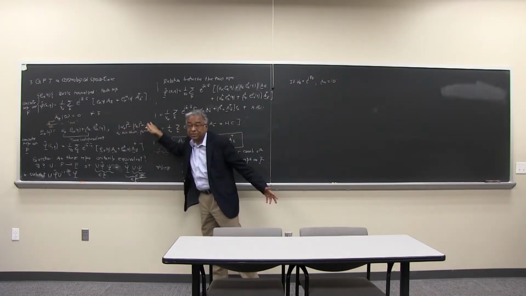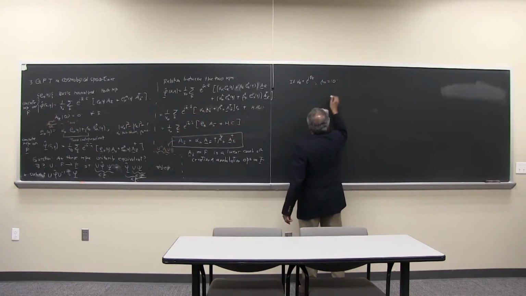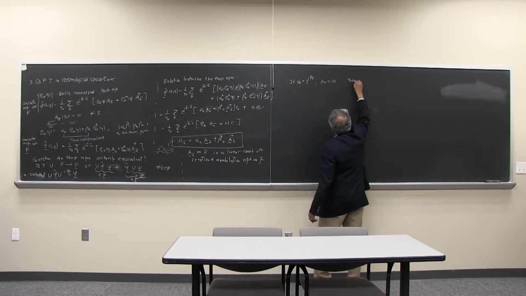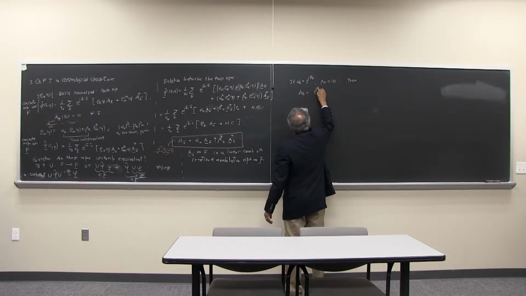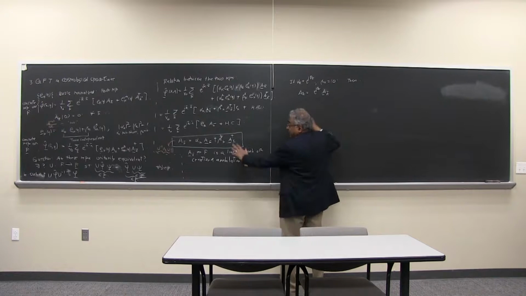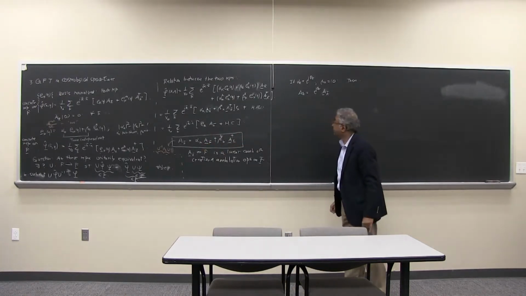So then what we find up here is that the annihilation operator ak is just equal to alpha k e to the i beta k times a bar k, right? Because the other term is not there.